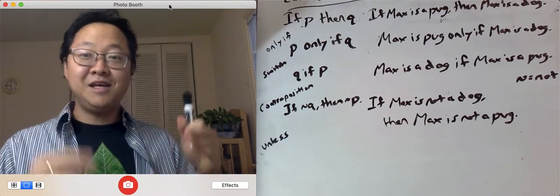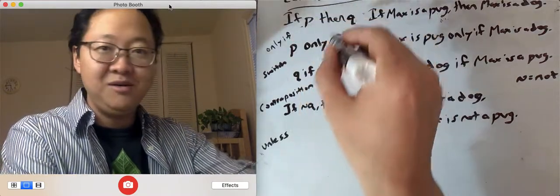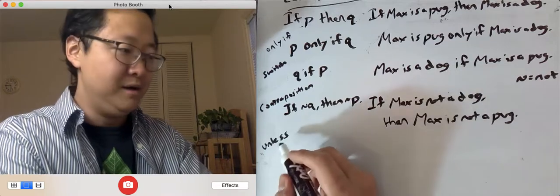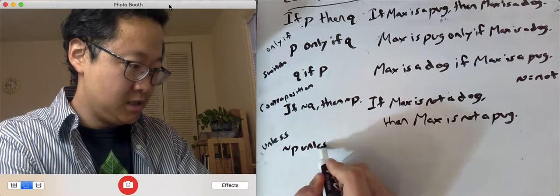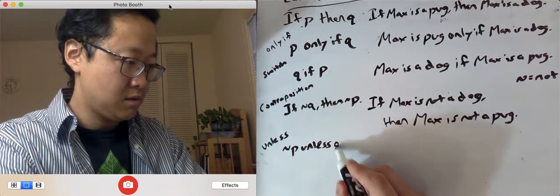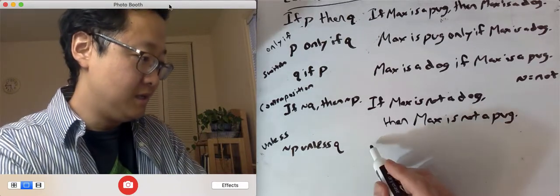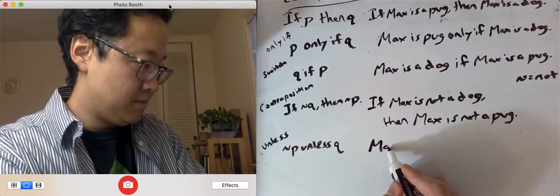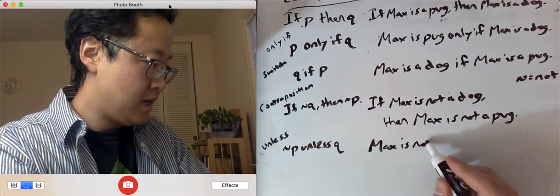Well, I'm just going to give you the ultimate answer that the unless, if P then Q, is equivalent to not P unless Q. In other words, Max is not a pug.